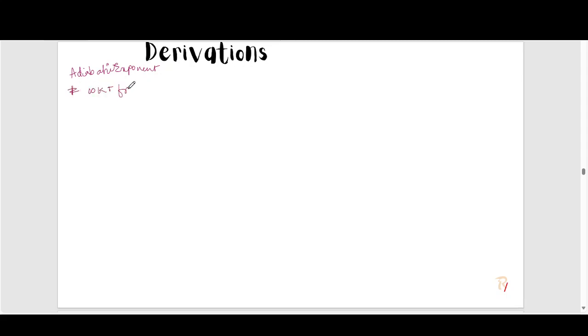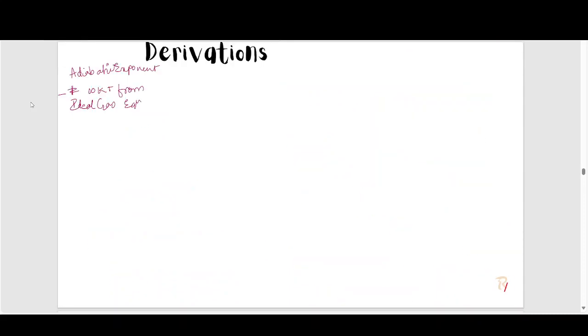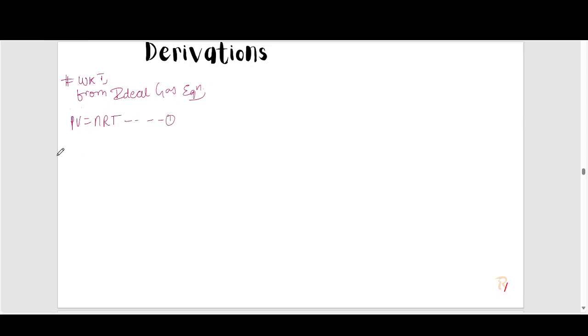We know that from the ideal gas equation, let me write it neatly, PV equals nRT. PdV equals minus nfRT upon 2.